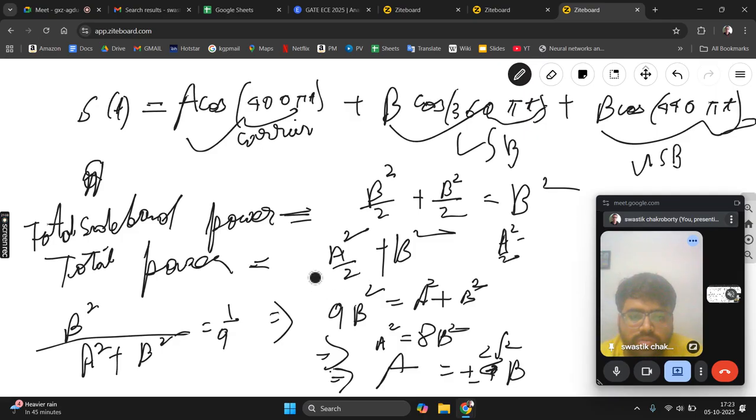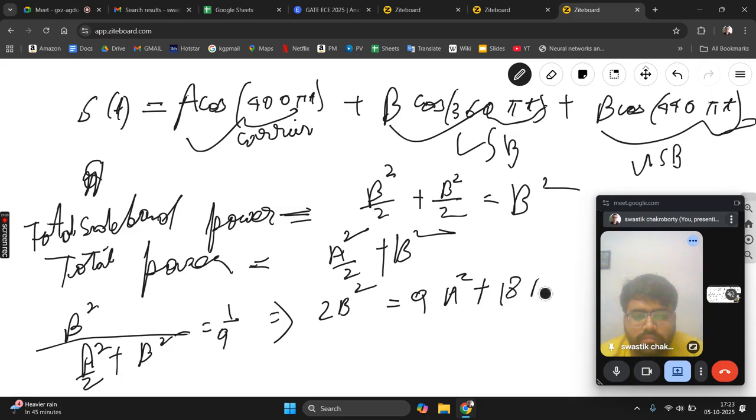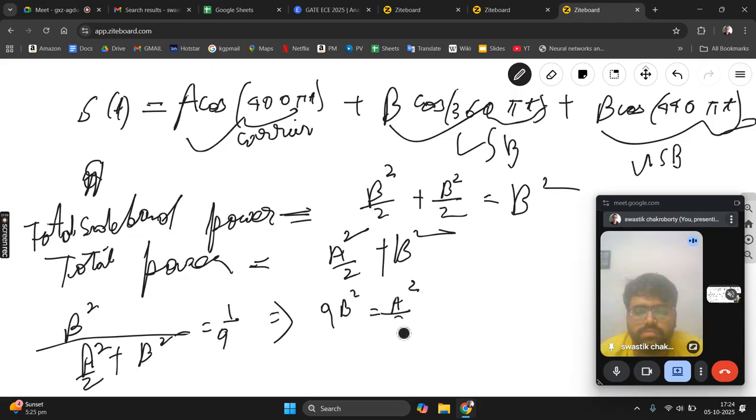Oh, sorry, this was slightly wrong. The total power is A squared by 2 plus B squared, so 9B squared equals A squared by 2 plus B squared.